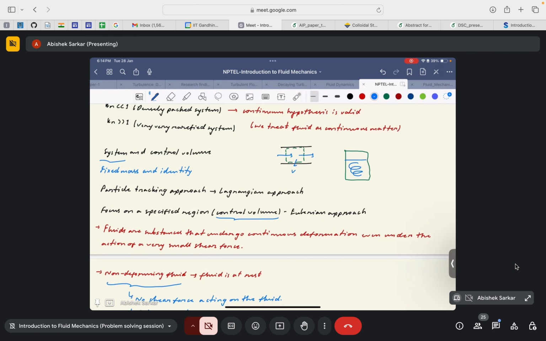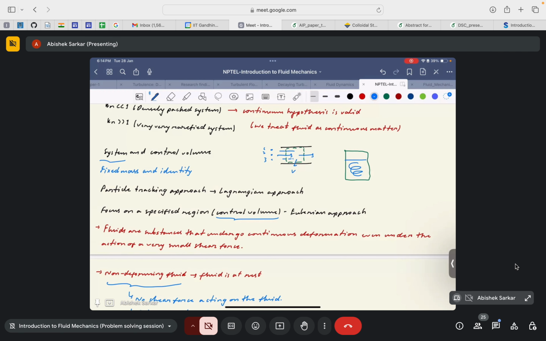If you're following, say, 1, 2, 3 fluid molecules passing through this region, then in order to study these fluid molecules and their effects on the control volume, we have to follow them throughout their life, or throughout their trajectory.